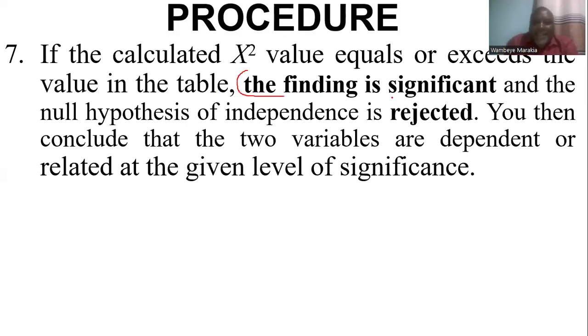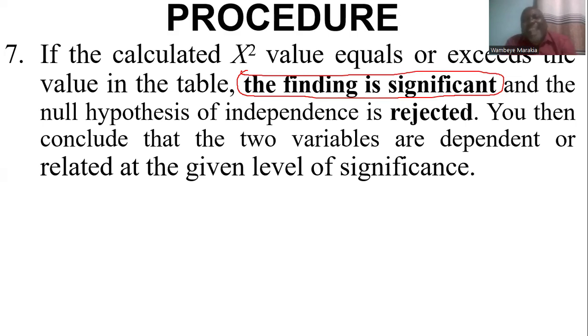Very important in statistics. And when the finding is significant, then the null hypothesis of independence is rejected. You then conclude that the two variables are dependent or related at a given level of significance.